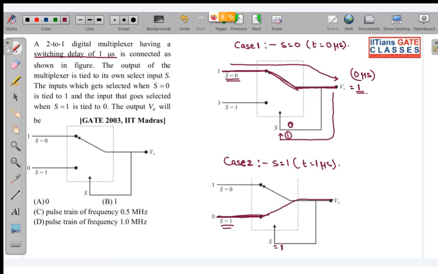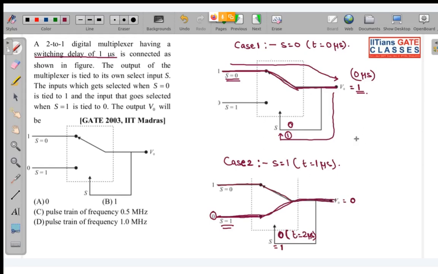And the moment this happens, you can see the input to the S1 line is 0. So V naught becomes 0. This will immediately become 0, but as the switching delay is 1 microsecond, this 0 will be executed at t equal to 2 microsecond. So after 2 microsecond, again S will become 0, 1 will get connected, and this cycle will go on and on.